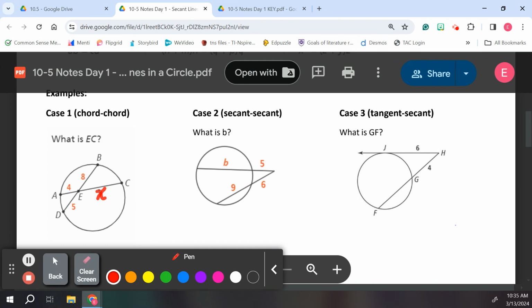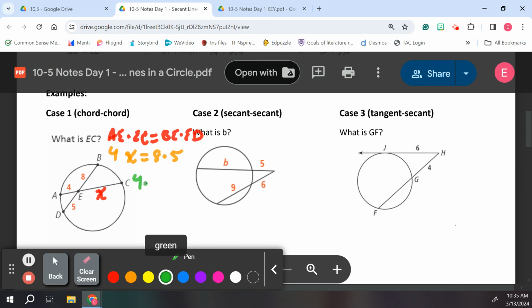In order to find what EC is, I am going to take AE times EC equals BE times ED. When I substitute this in, this is 4 times X, which gives us 4X, and then 8 times 5. This leaves me with 4X equals 40.